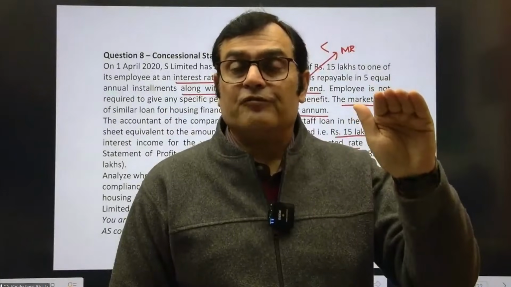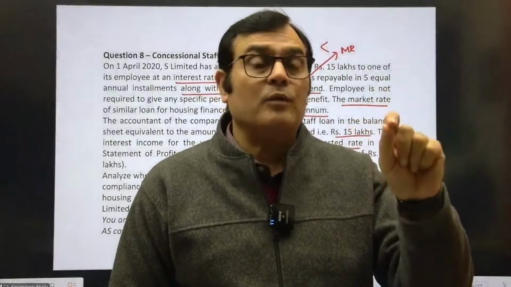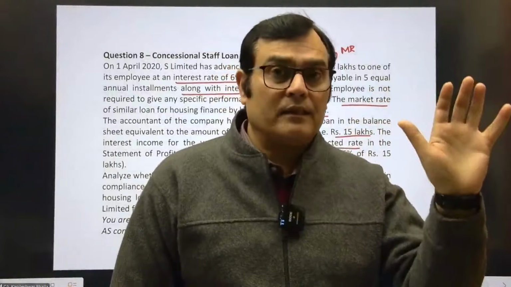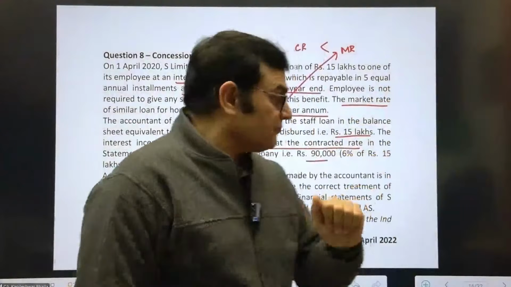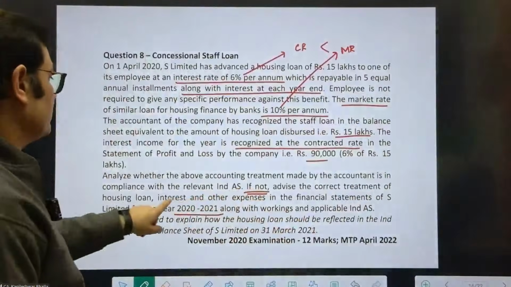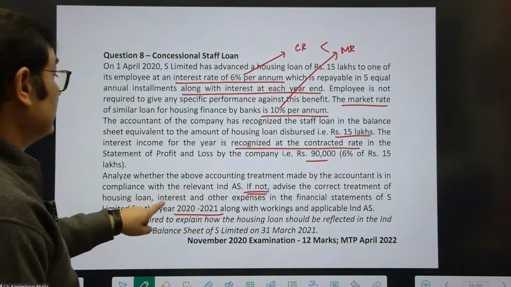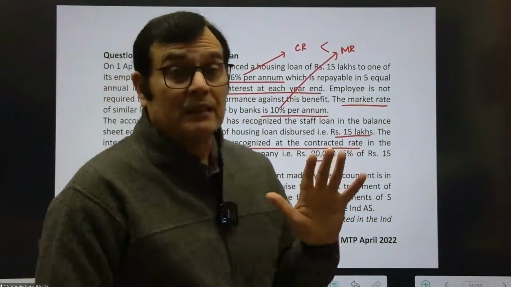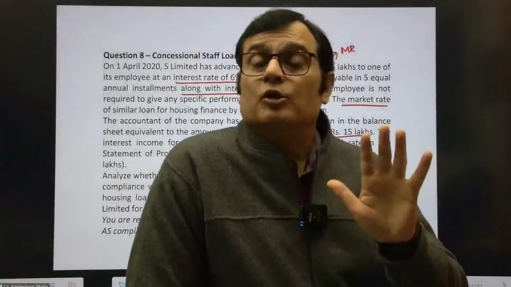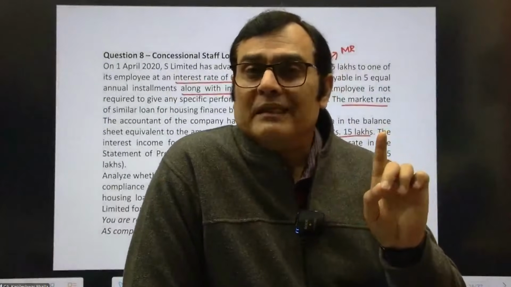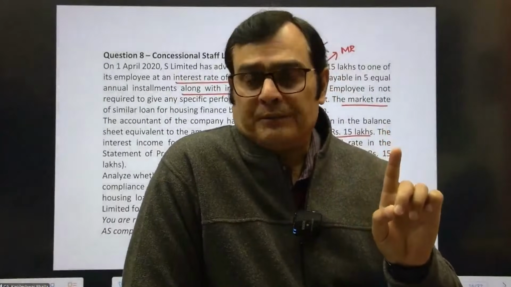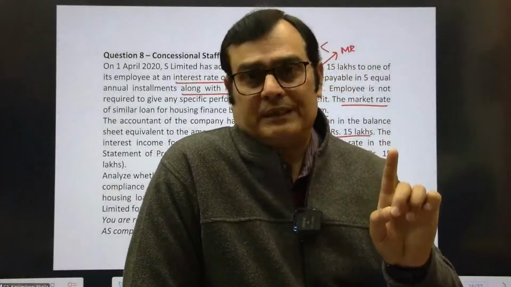Explain that there is a difference in transaction and fair value, how it would have been dealt with, and then tell what he has done. That's one part. Then it says that if it is not, show the correct treatment of the housing loans and other expenses in the financial statements, which means you should do things in the working note, but in the main solution, make an extract balance sheet and an extract income statement.